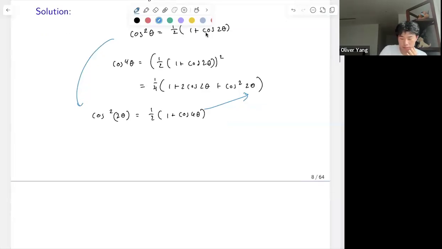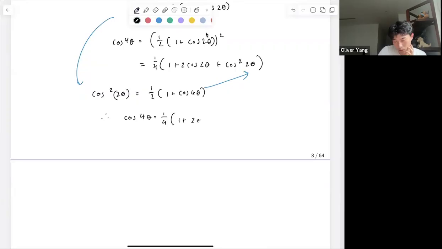So in the end, therefore, cos to the power 4 theta is equal to 1 over 4 times 1 plus 2 cos 2 theta plus 1 half times 1 plus cos 4 theta.